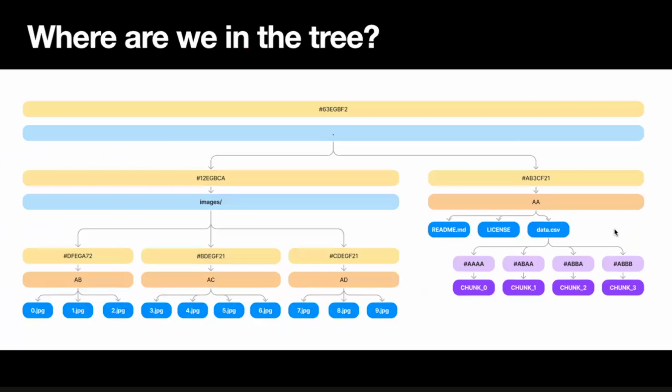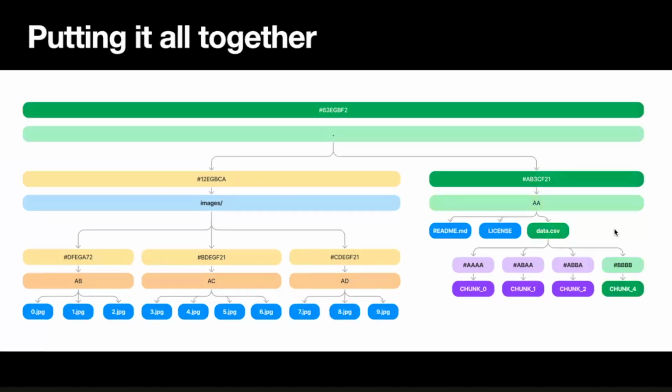We have an even bigger tree where at the base we have chunks of the file instead of the files themselves. You update that one chunk, and you only have to update those nodes. What's also cool from a network transfer perspective is I don't have to transfer a gigabyte. I only need to transfer that one chunk that got modified.